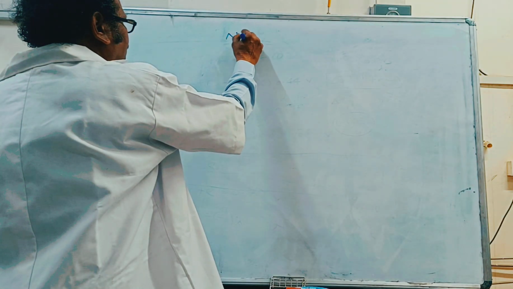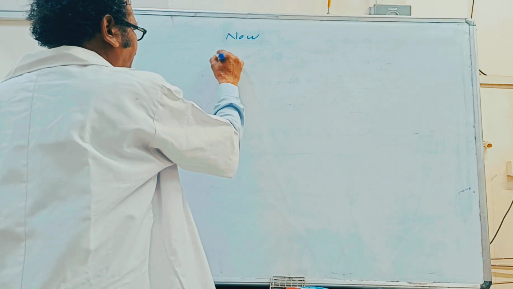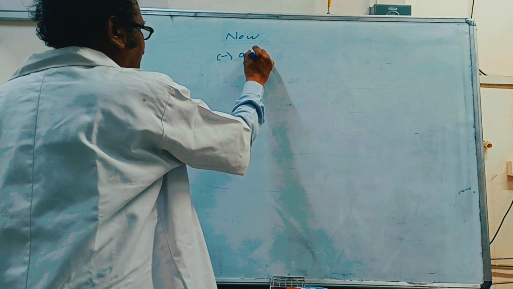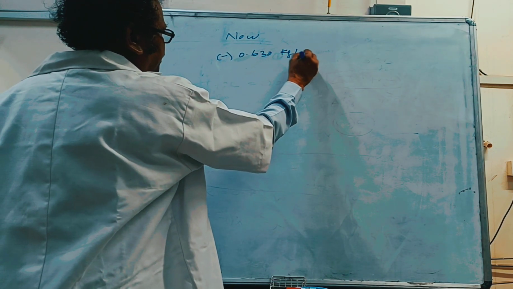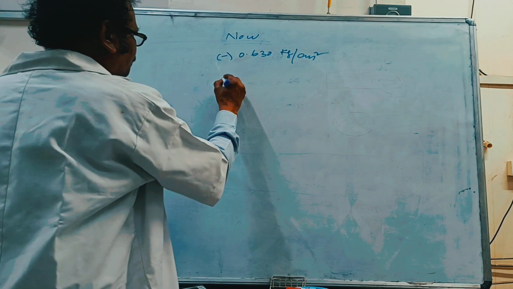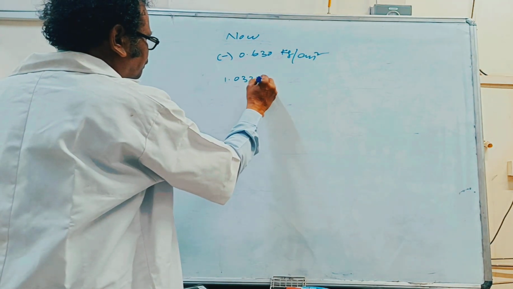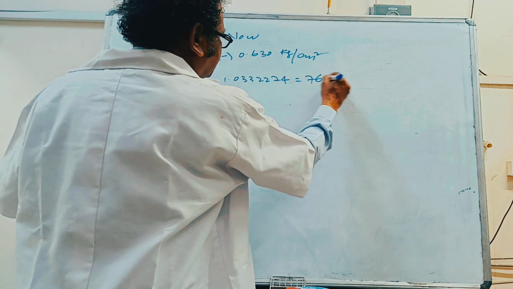Now our vacuum degasifier is working under minus 0.630 kg per cm square, where 1.0332274 kg per cm square is equal to 760 mm.